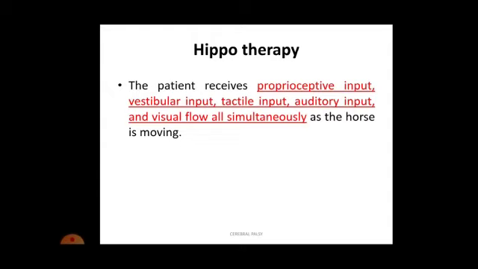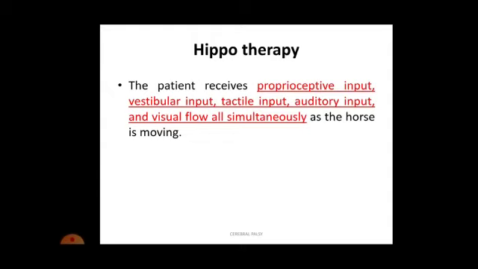Then coming to tactile input, so definitely the child is in contact with the horse, clear. So a few body parts of the horse are coming in contact with the child, clear, okay. So that will be activating your touch, okay, or the child's tactile system will be activated. Auditory input, so continuous instructions coming from the attender, continuous instructions coming from the physiotherapist, continuous instructions coming from the horse handler, so that will make the child take the position accordingly, clear.